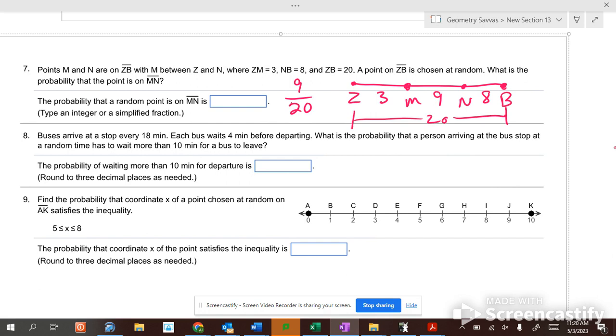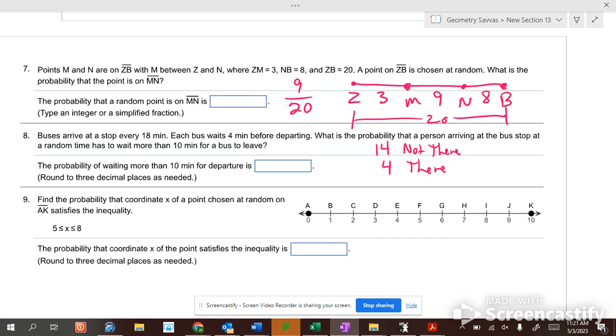Okay? So, a bus shows up. So, the time that a bus is not there is not 18 minutes because they show up every 18 minutes and they wait for 4 minutes. So, basically, a bus is not there for 14 minutes and there for 4 minutes.